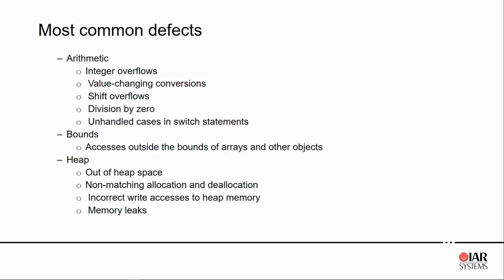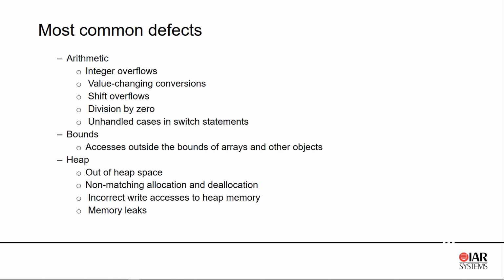So the most common defects that developers run into are arithmetic problems, such as integer overflow, underflow, shift overflows. Actually, divide by zero is a huge problem because in many of the example applications that we see that come from silicon vendors, they typically have the divide by zero trap vector turned off.